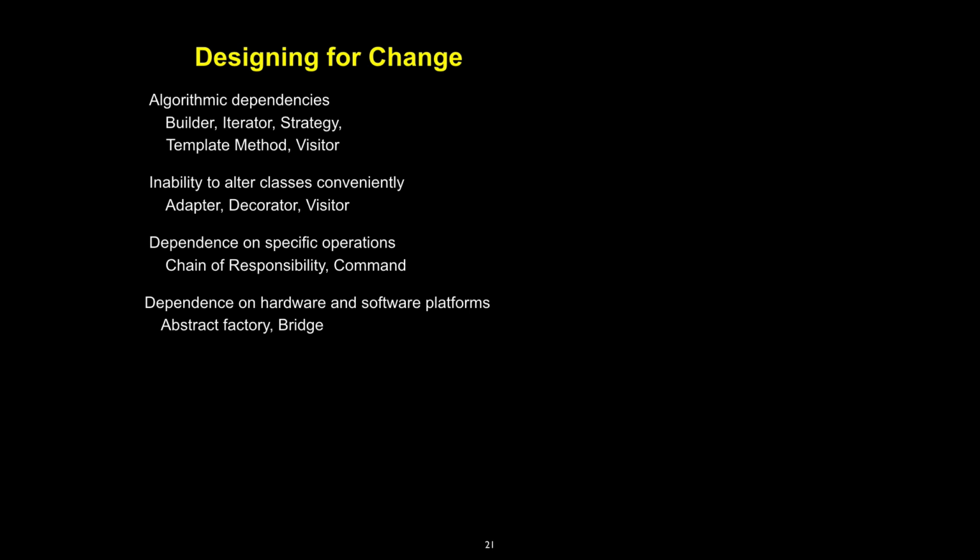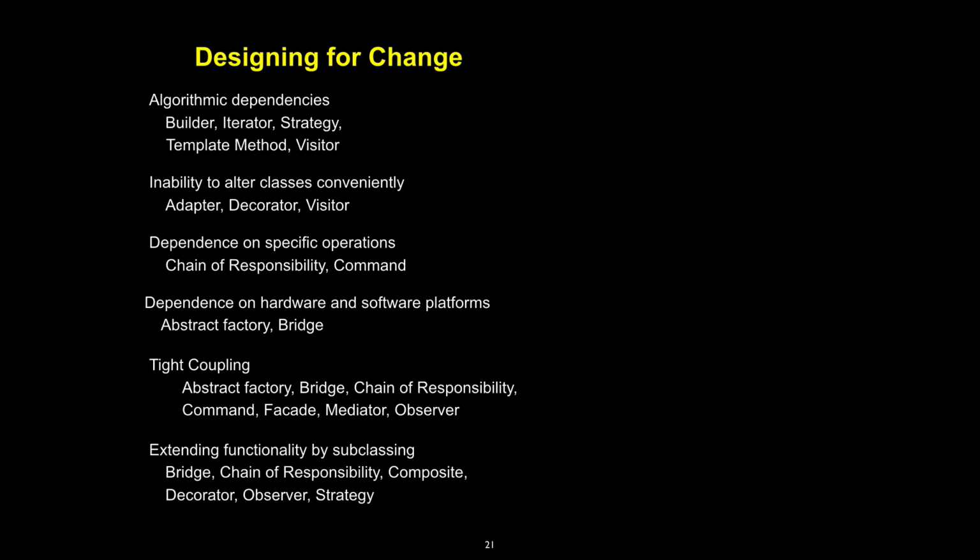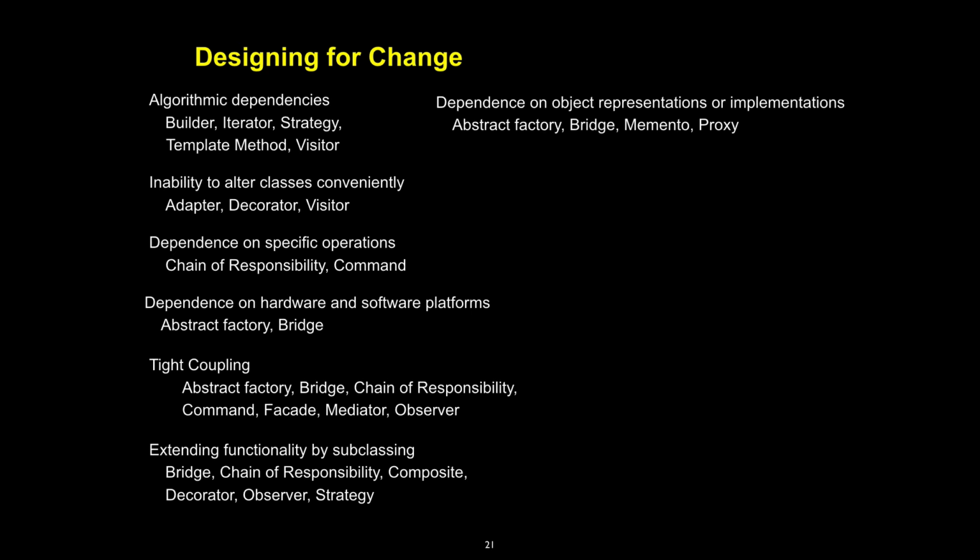But how does Java work across different platforms, right? Like, you're supposed to write once, run everywhere. Tight coupling. So there's different types of things that we may want to build change in.